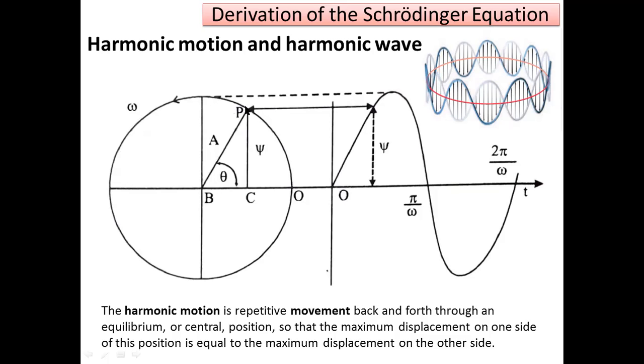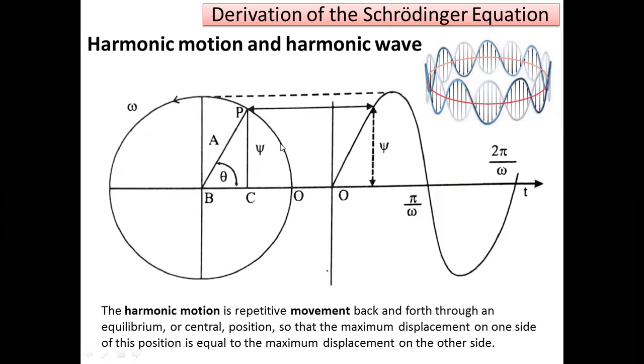Let's have another look at these three different points, and this is the central point. Let's suppose P is the particle, and it is moving at the O position, or the zero position, in this direction, covering some path, and at the end it again reaches this point.